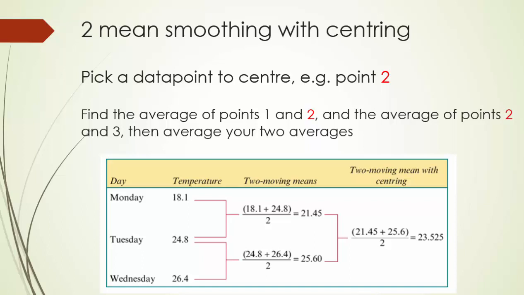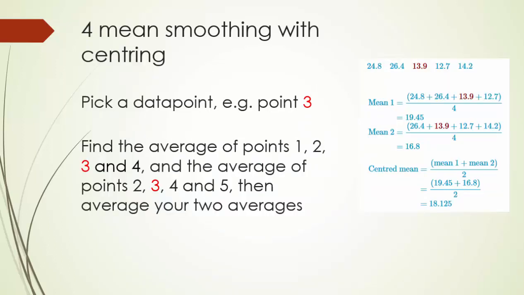So in this case, firstly we find the average of 18.1 and 24.8. Then we find the average of 24.8, 26.4. And then the average of those averages is the 2 mean smooth center for the second data point. You can do it with 4 if you keep your wits about you. Let's say we want to do the third of those 5 points on the table on the right there, 13.9.